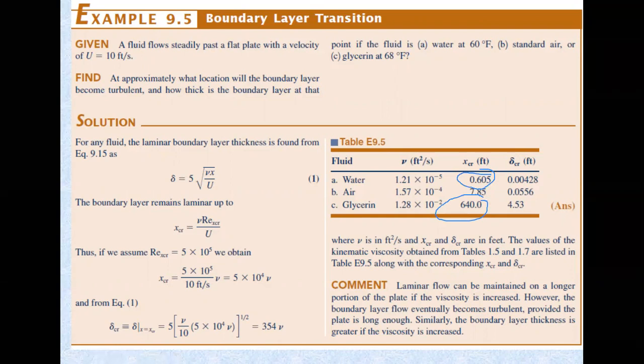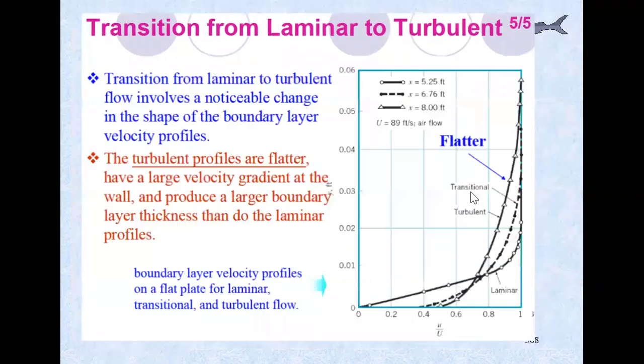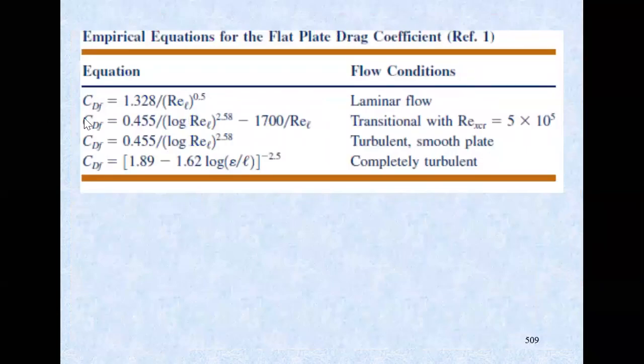So empirically, instead of having to do all these calculations for CDF, you can use these empirical equations obtained from experiments for any flow characteristic, flow over a flat plate.